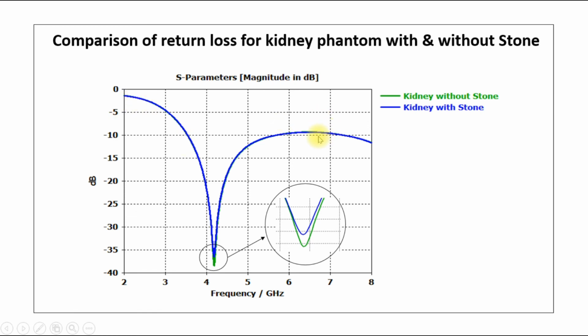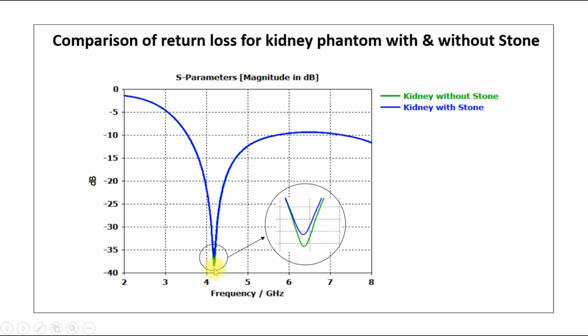One is where I keep only the kidney without a stone, the normal condition of a human being. I radiate the antenna, get the reflection back, and plot the graph. You can see the green color, which has maximum depth at the resonance frequency.